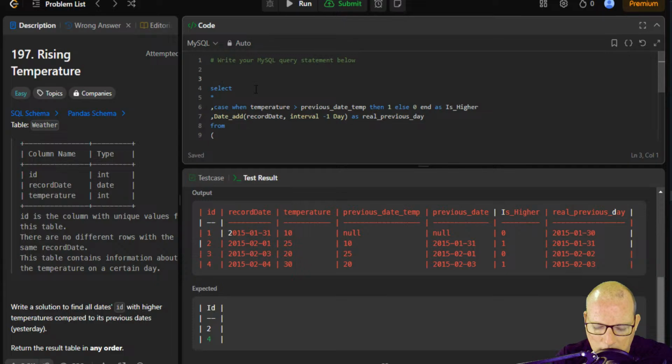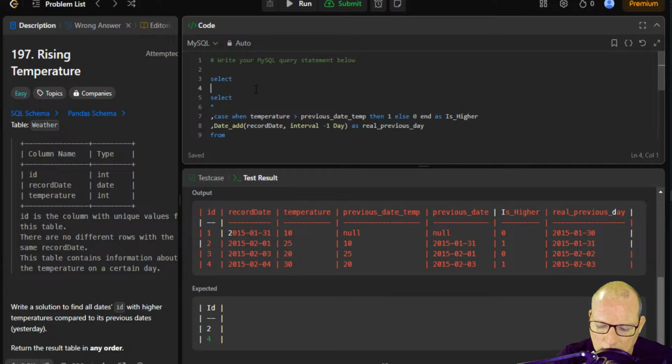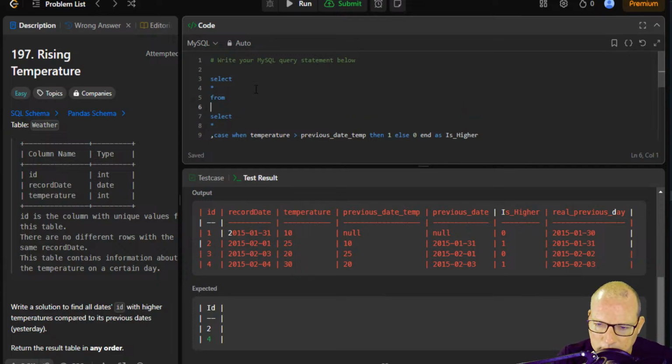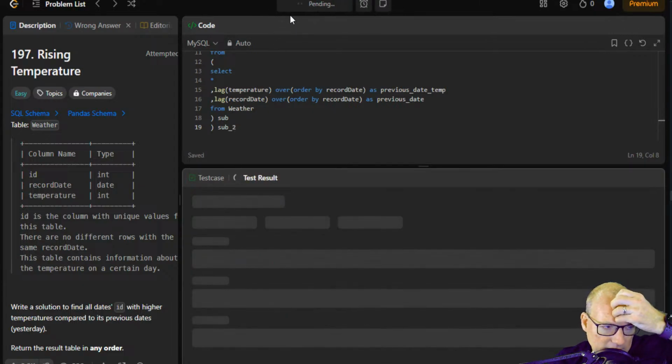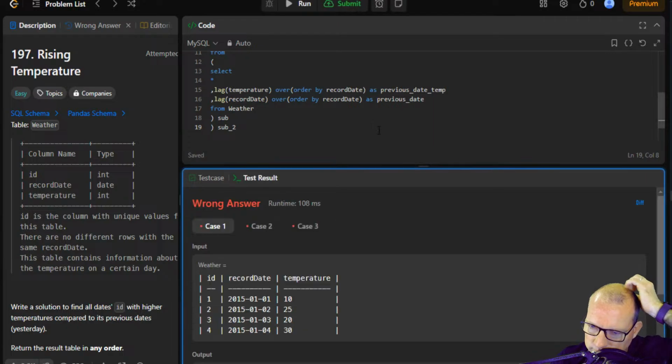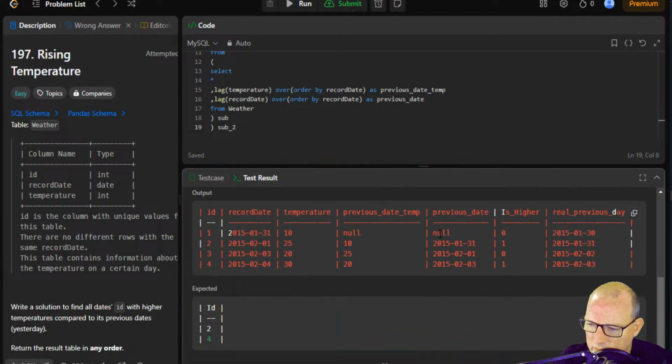So select star from sub 2, make sure nothing changed. All right, still this.